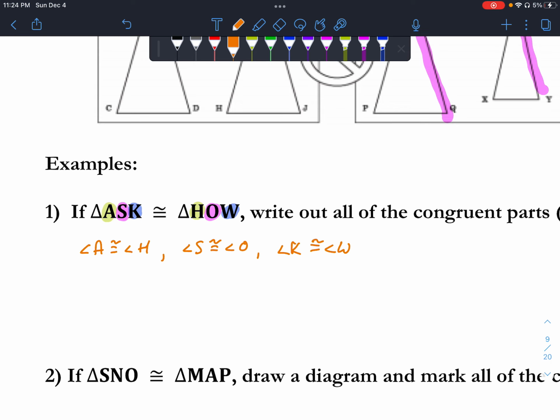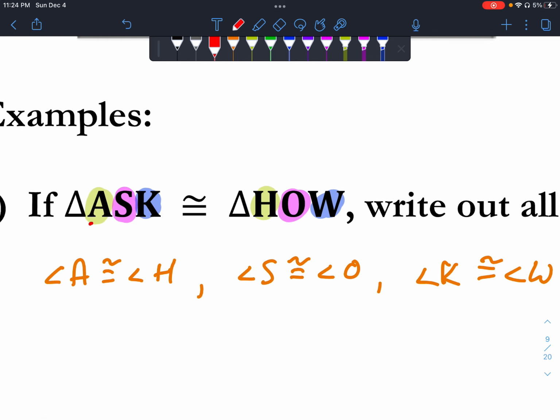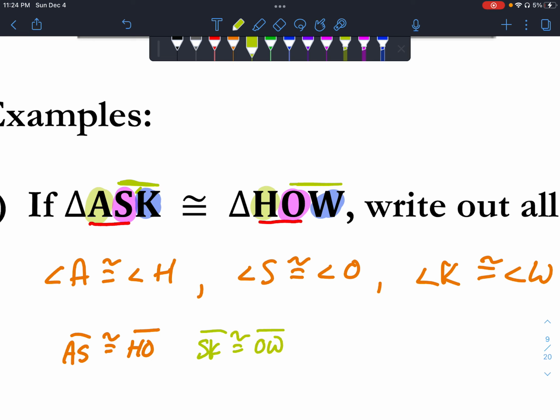If you wanted to match up the actual sides, that's again very similar to what we did last time. Underline or connect two letters together, just make sure they're the same two letters. So I have AS is congruent to HO. You can grab other colors and do this, so we match up the second two letters, SK congruent to OW.